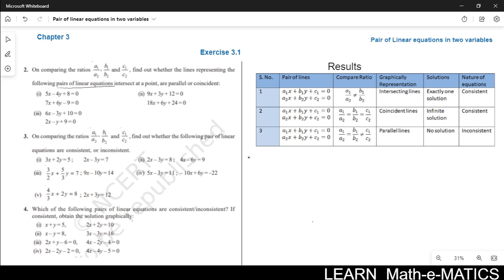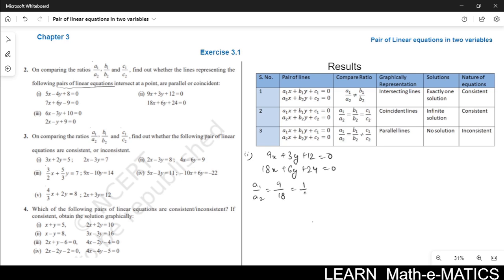right? The second part is 9x plus 3y plus 12 is equal to 0, and 18x plus 6y plus 24 is equal to 0. Similarly, we will compare a1, a2, b1, b2 and c1, c2, right? So a1 upon a2 means ratio of the coefficient of x, that means 9 by 18.